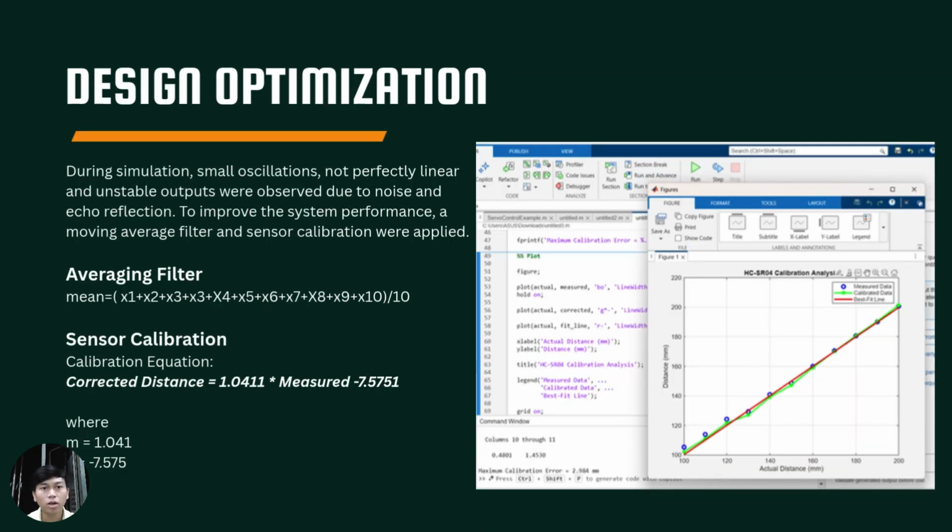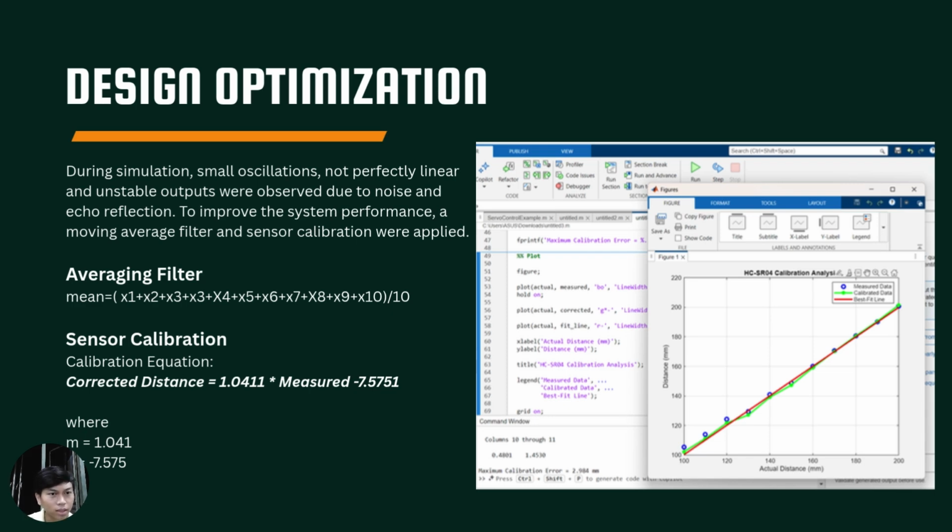In order to optimize the sensor data, when we did the simulation, we got some small oscillations and the data was not perfectly linear. So we tried to process the sensor data to get the best data.